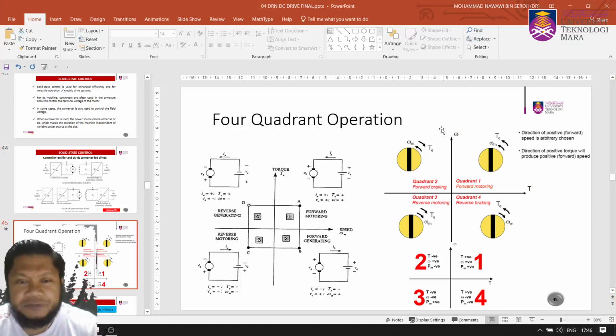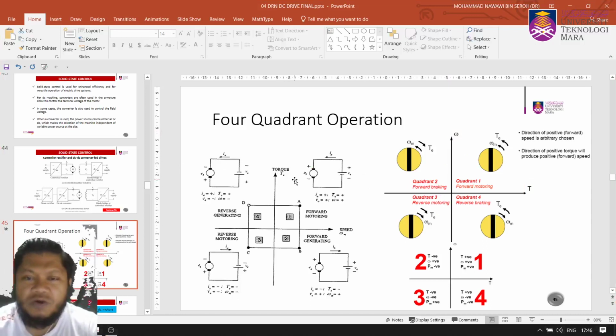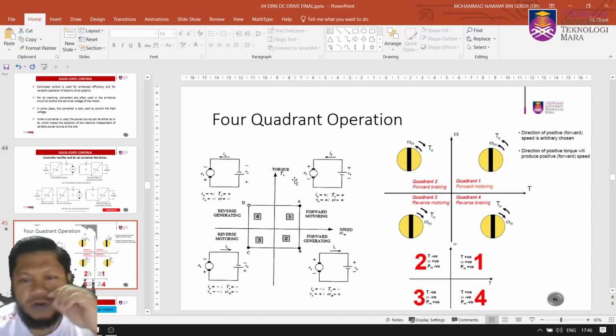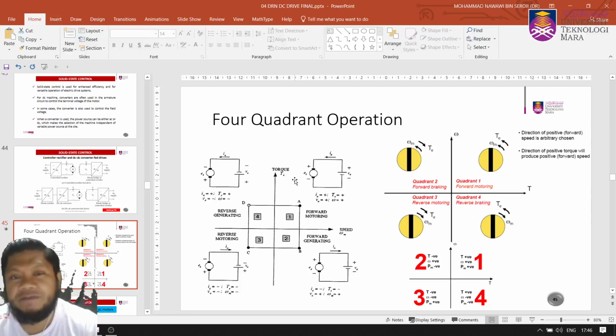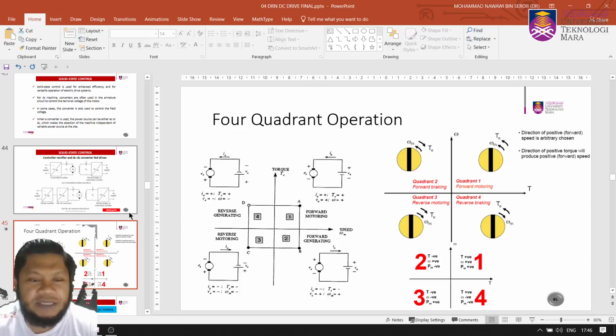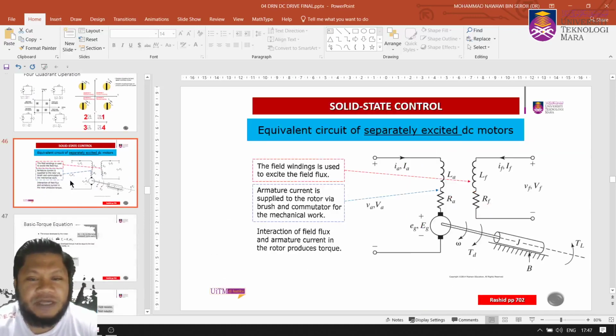So always look into this 4-quadrant operation. Look for the video on what a 4-quadrant operation is, and inshallah you will be able to understand this DC drive speed control easily.